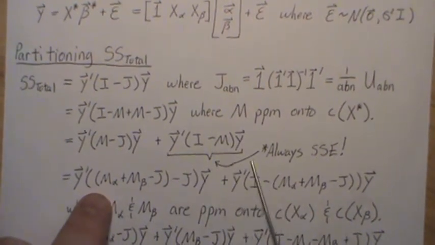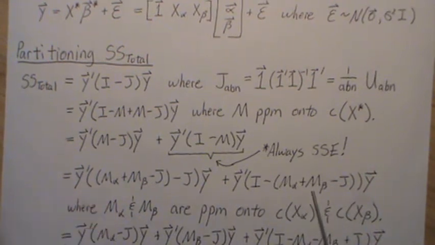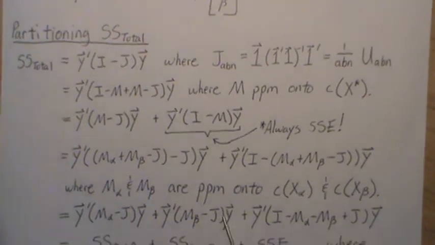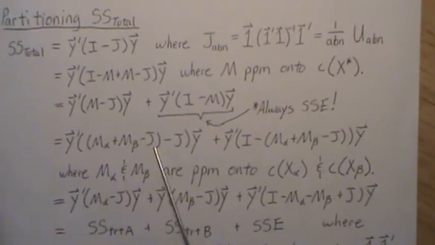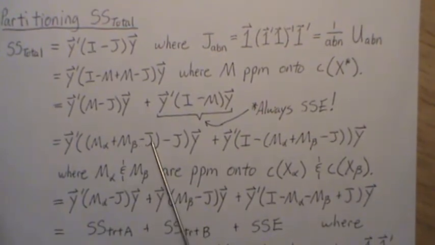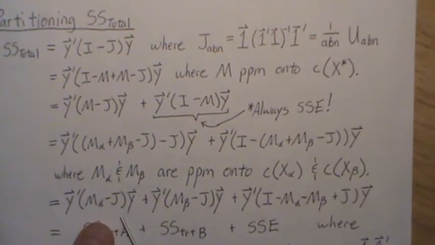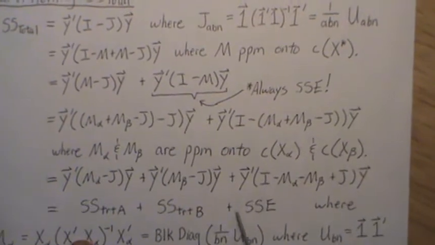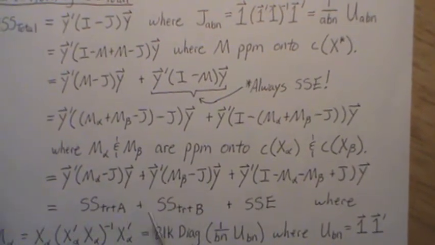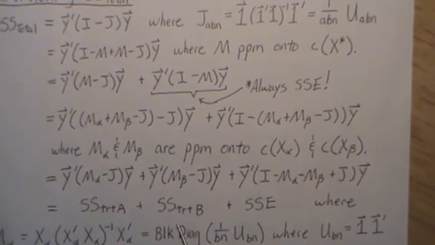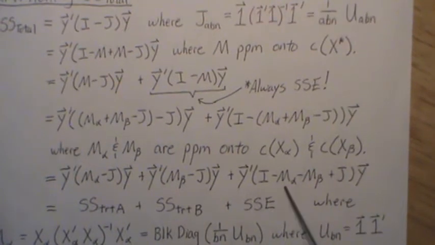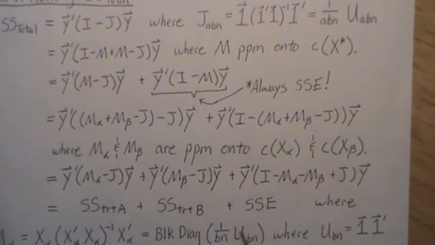We can also expand M into what it is here, and this will help us understand the scalar notation for the sum of squares in this design. So now we take this I minus J and keep it with this one, but this I minus J we put with this alpha, and then we can rewrite them like this, and that's it. This is the sum of squares for treatment A, sum of squares for treatment B, or factor A, factor B. Of course, this is the sum of squares error.